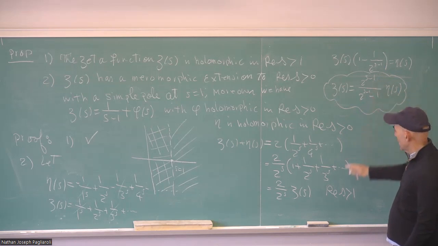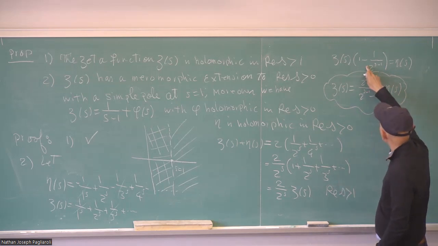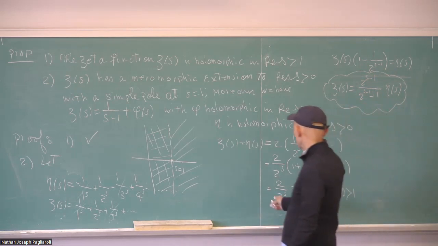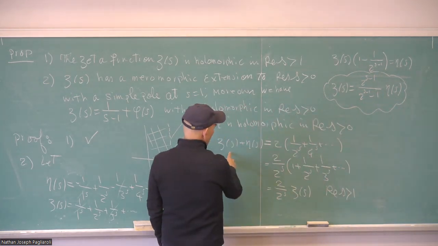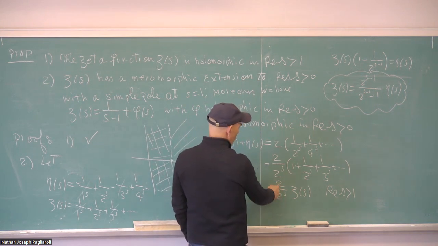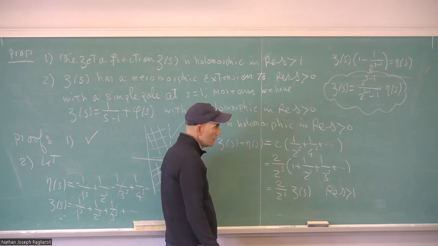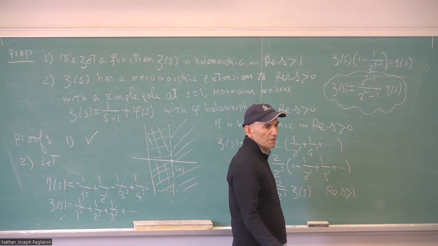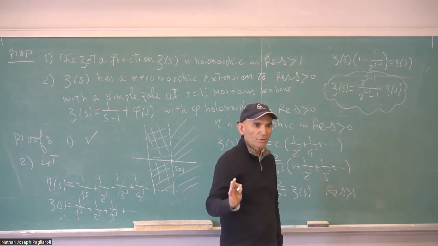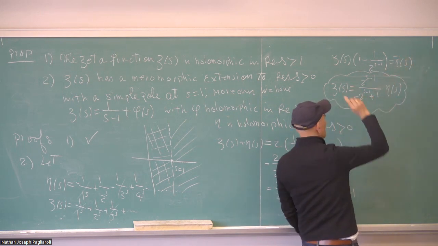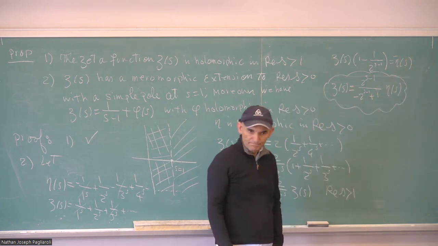Wait a minute, it's 1 over 2 to the s minus 1 minus 1. It comes from here, because 1 minus 2 over 2 to the s is 1 over 2 to the s minus 1. There's a minus sign. So the issue is only a minus sign. Okay, I agree with that. Good.